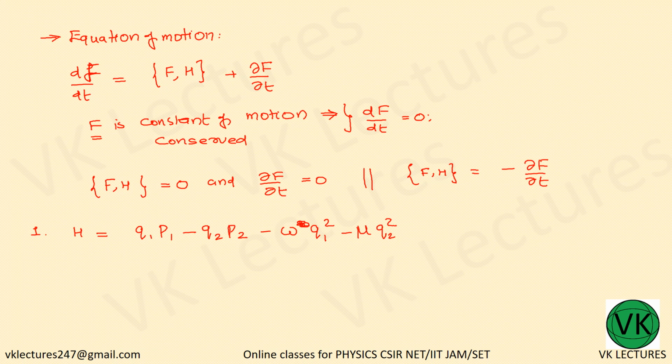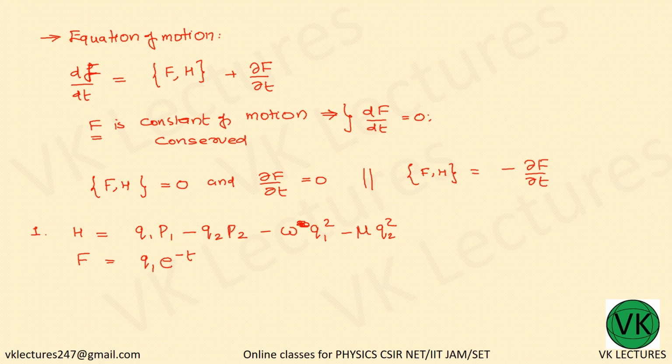This is the given Hamiltonian, and the function F is given as q₁ e to the power minus t. With respect to this Hamiltonian, we have to understand whether it is a constant of motion or not.